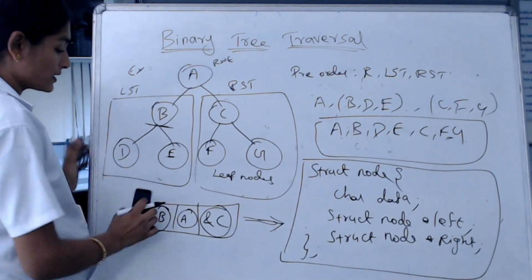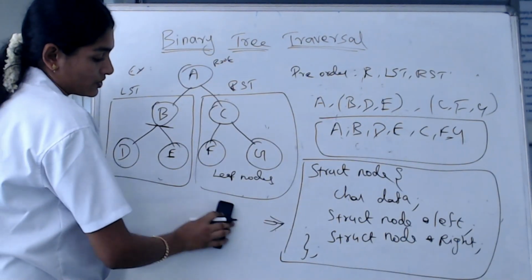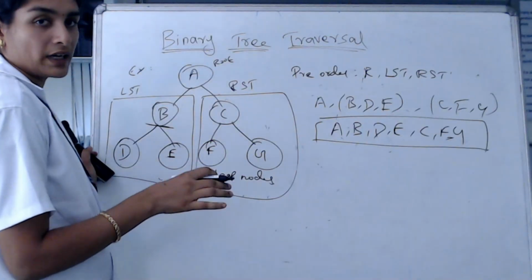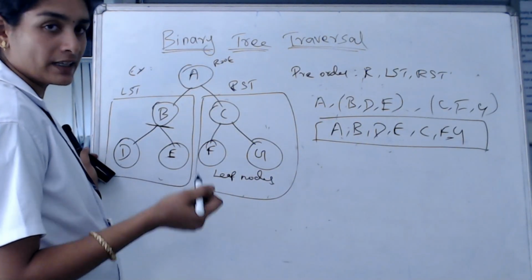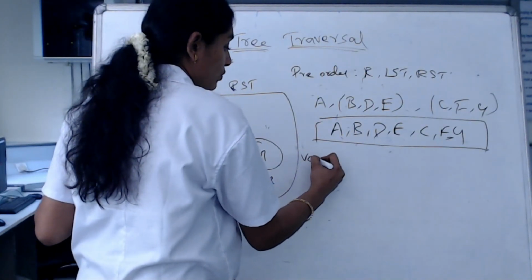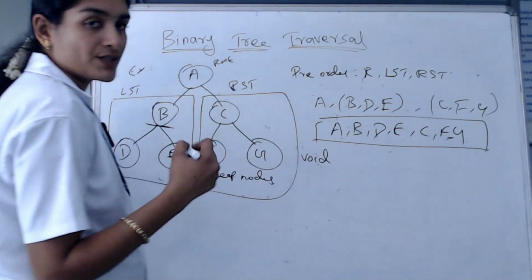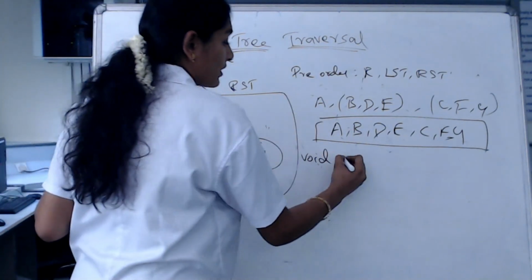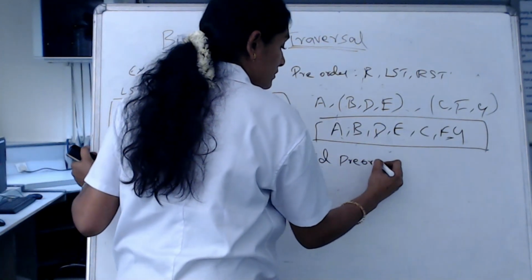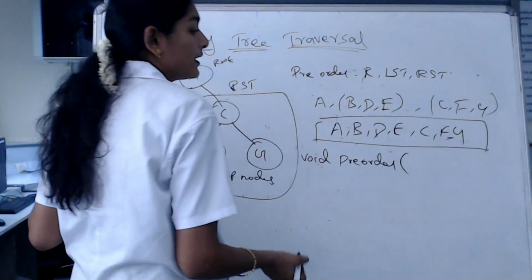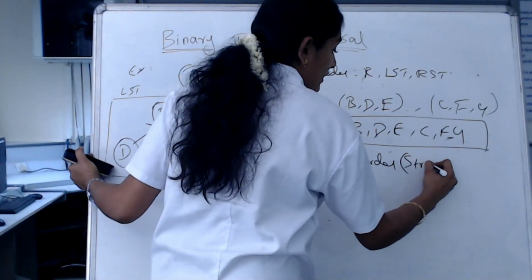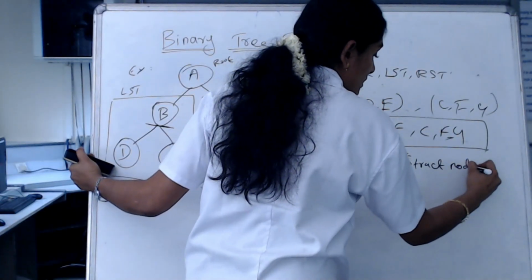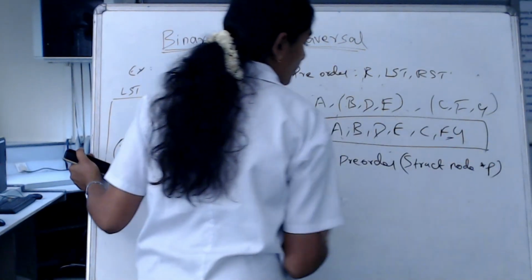Next one is the pre-order function. For this pre-order traversal, I am going to write a C program. The return data type is void. So first write void. Next write the function name. I can take the function name as pre-order, and the passing argument is struct node star p.